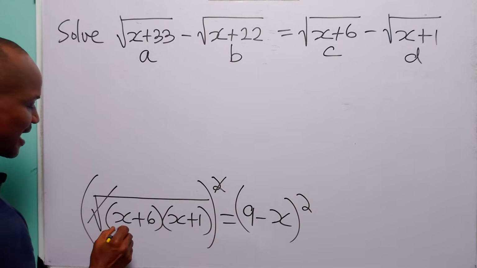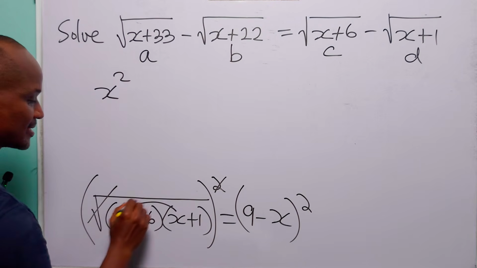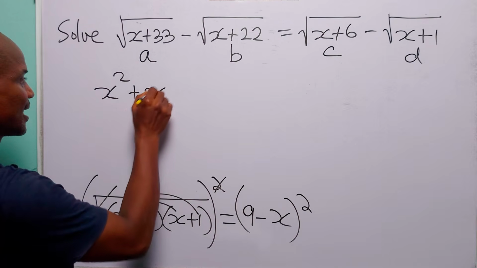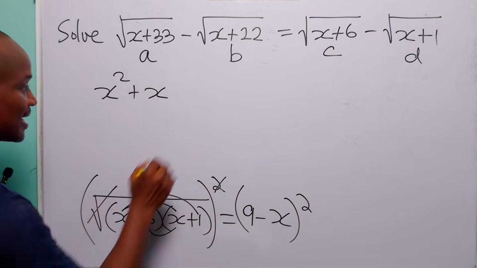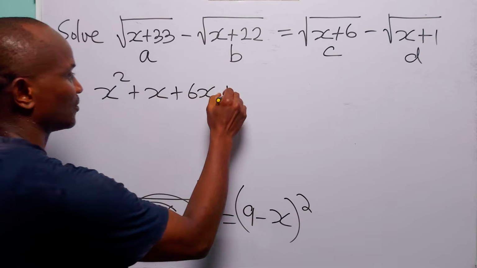When we expand this, we have x times x, which is x squared, x times 1, which is x, 6 times x, which is 6x, and 6 times 1, which is 6.